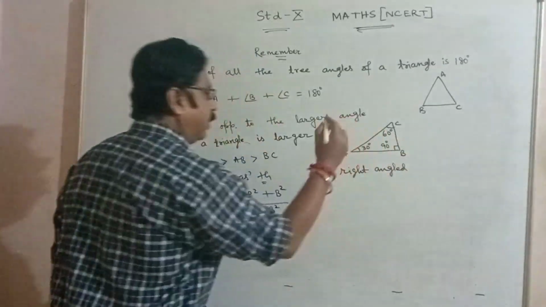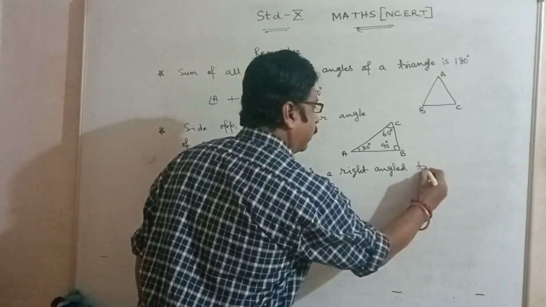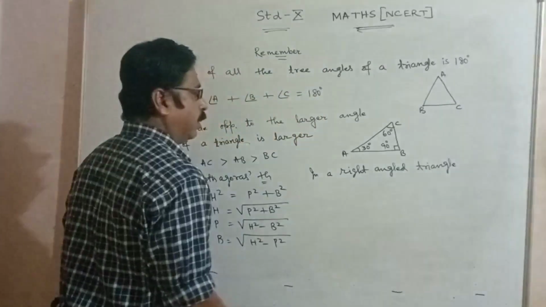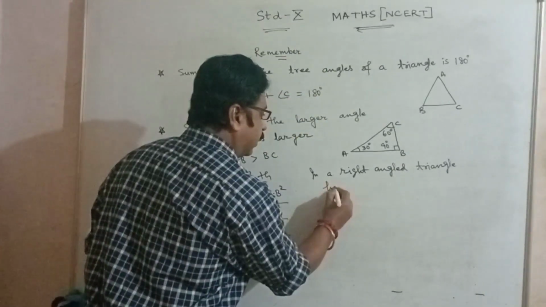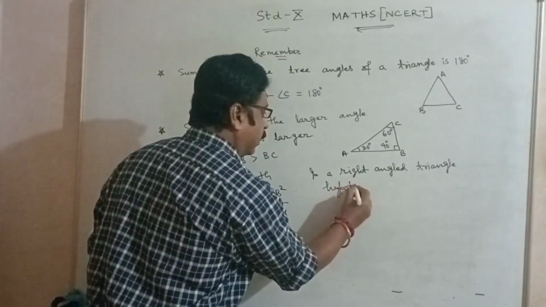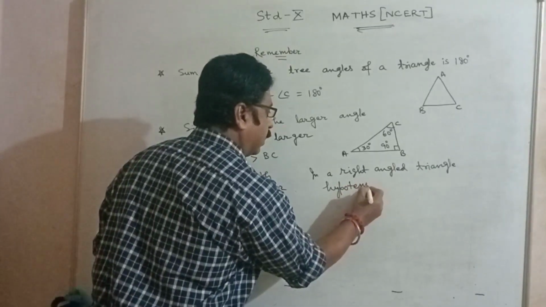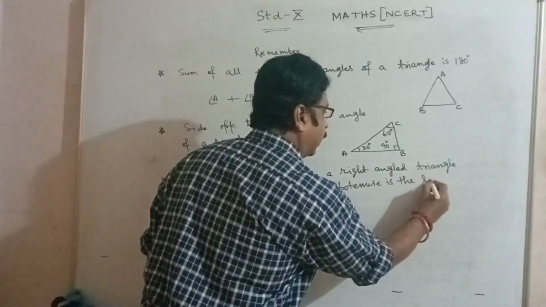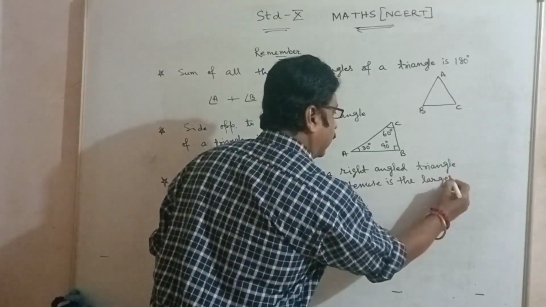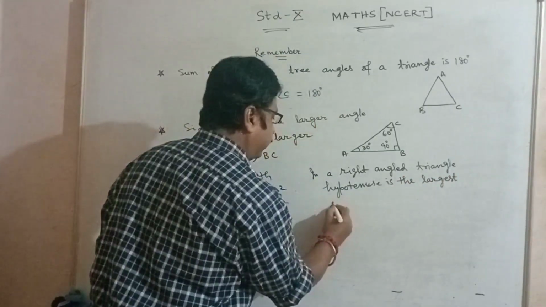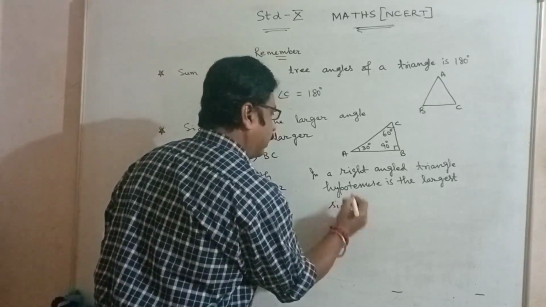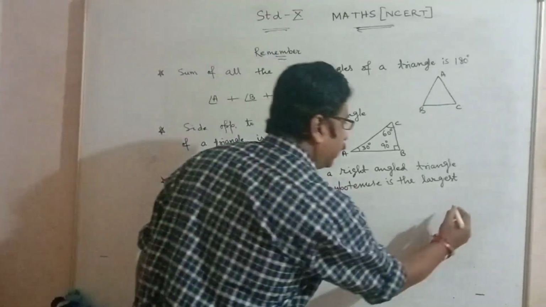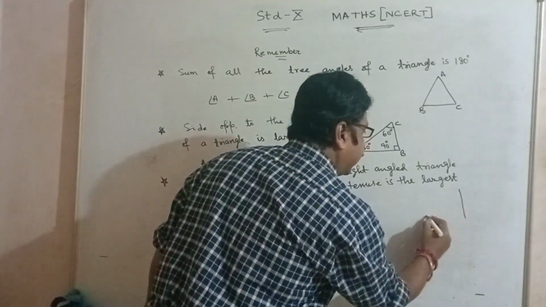In a triangle, hypotenuse is the largest side. So what about the other two sides? Suppose this is a right angle triangle.